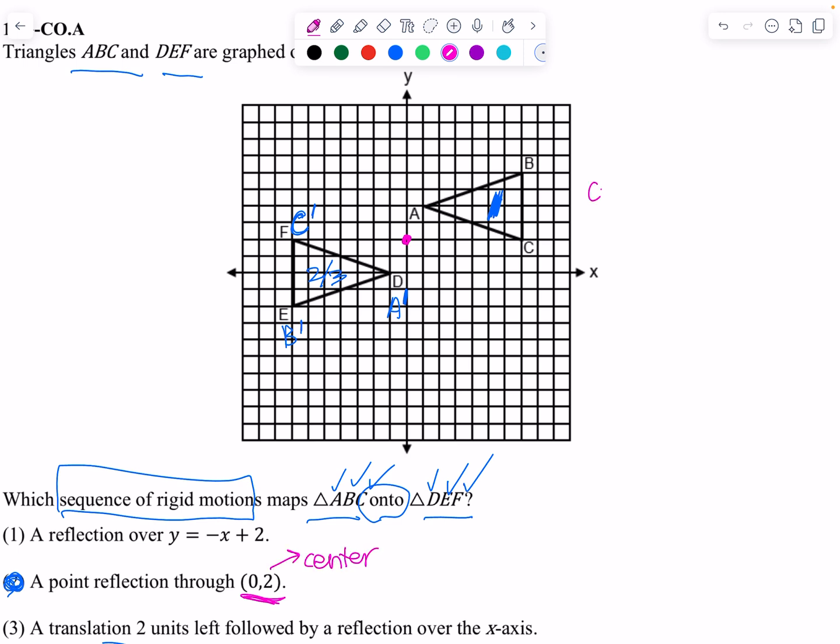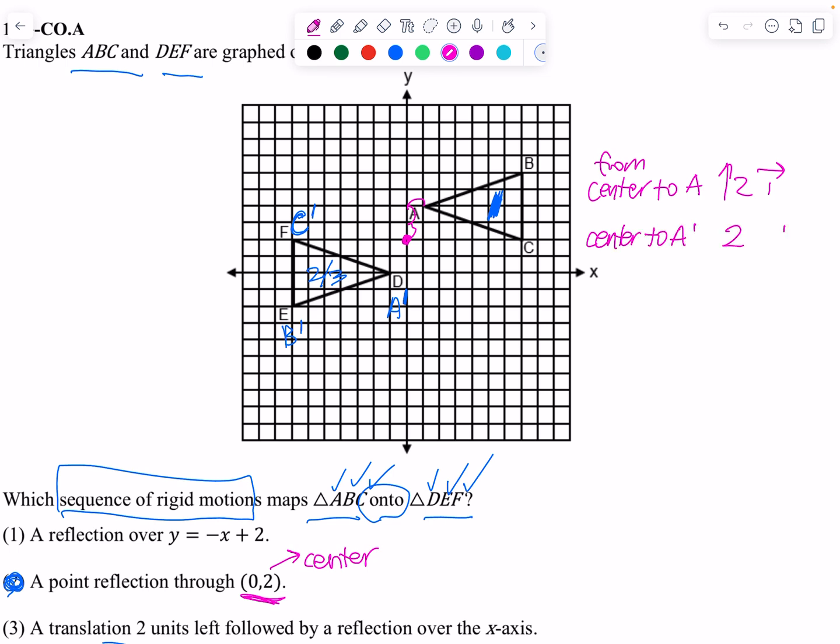And what we're going to do is from the center, how do I get to the original point A? So I go up 2, and then to the right 1. And so if I had a point reflection, what happens is basically I'm going from my center to my new point.